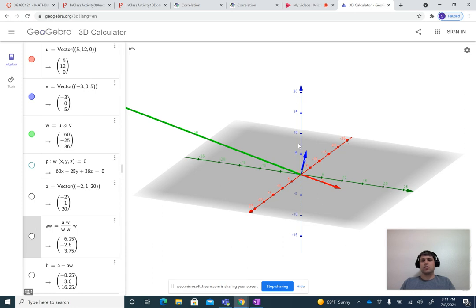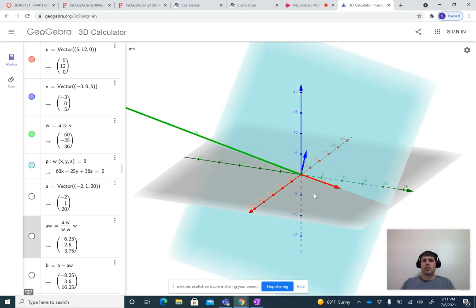So to get all the points on the plane that's perpendicular to the green vector, all I need to do is take the dot product between a general vector on that plane and this cross product. And I did that over here, and we get the equation of the plane.